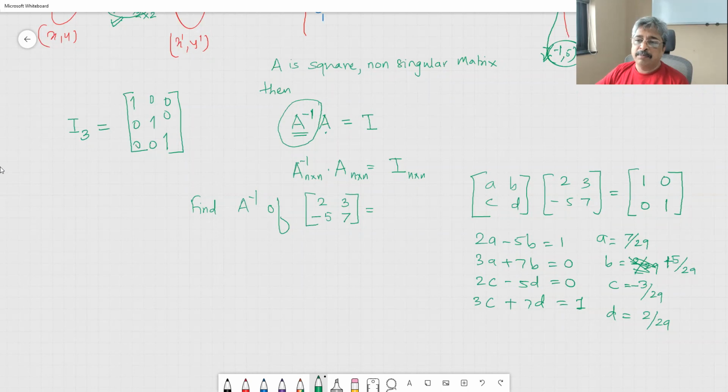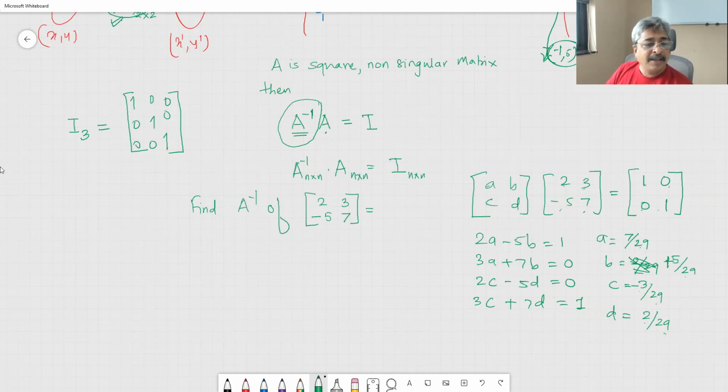Now the brute force method: you multiply the matrix with entries A, B, C, D by 2, 3, minus 5, 7 to get 1, 0, 0, 1. Solving the 4 equations simultaneously for 4 unknowns, you will get the values 7 by 29, 5 by 29, minus 3 by 29, 2 by 29.